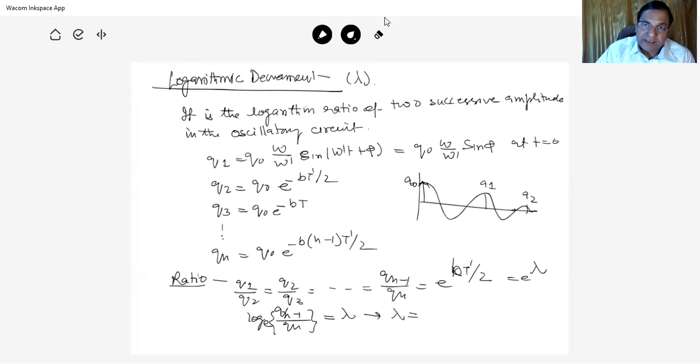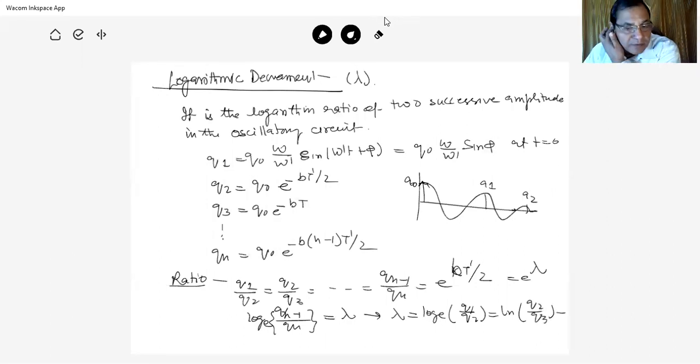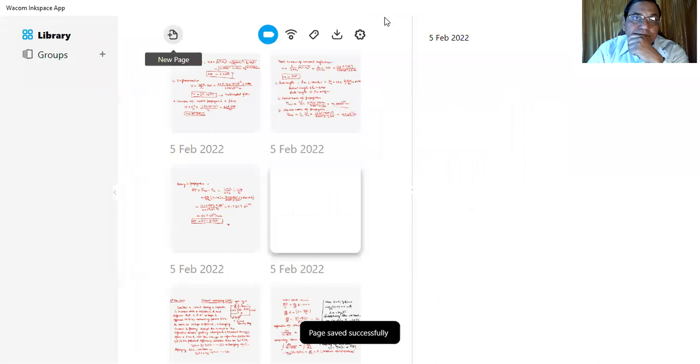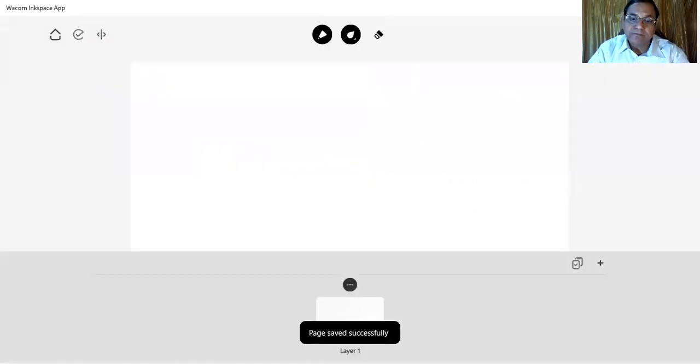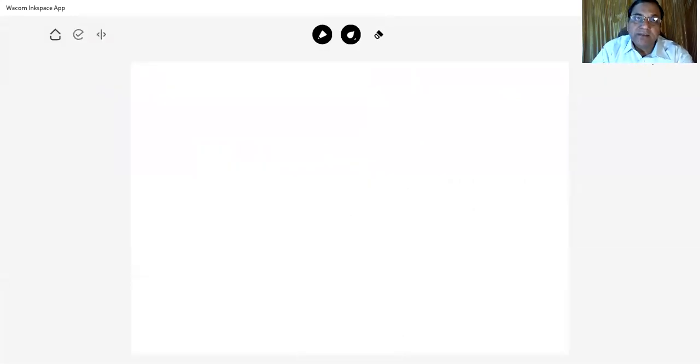So this lambda is equal to log e base Q1 by Q2 is equal to natural log Q2 by Q3, and that is lambda is equal to b t dash by 2.